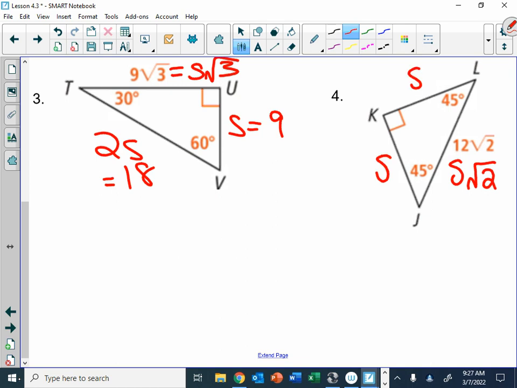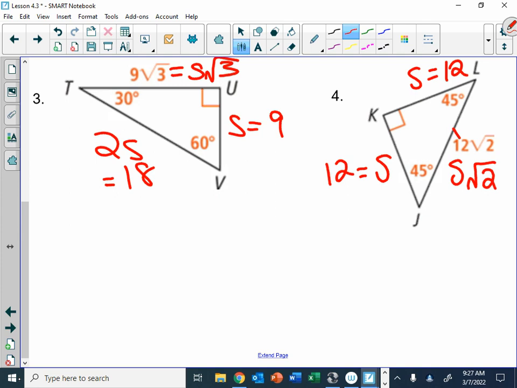S. So if my hypotenuse is 12 square root of 2, what does that make S? 12. Good. And once again, just because it's a square root of 2 here does not mean that's my hypotenuse. It's my hypotenuse because it's across from the 90-degree angle. Just because it's a square root of 3 here does not mean it's S square root of 3. It is in this case, but it may not always be.